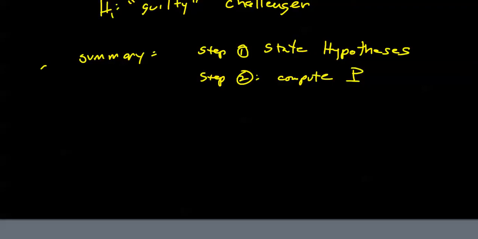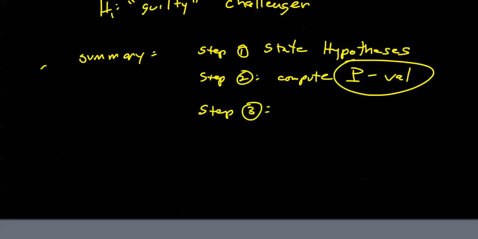We will be using the p-value approach in all hypothesis tests in this course, and of course the calculator will grind that out for us under the test submenu. And step 3 would be to compare the p-value to alpha and make a conclusion about H0, either reject or fail to reject.